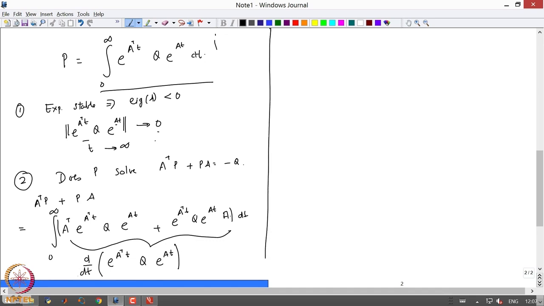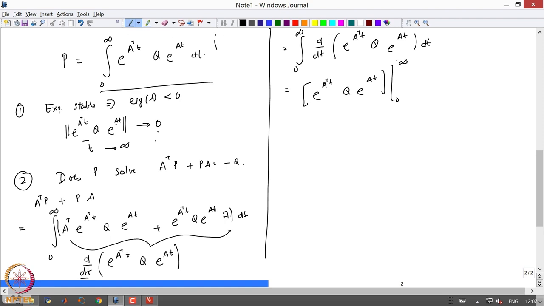Now, what am I left with? If I replace with the d by dt, I have the integral from 0 to infinity of d over dt of e power A transpose t Q e power A t dt. This looks simple now. I have e power A transpose t Q e power A t with limits from 0 to infinity.